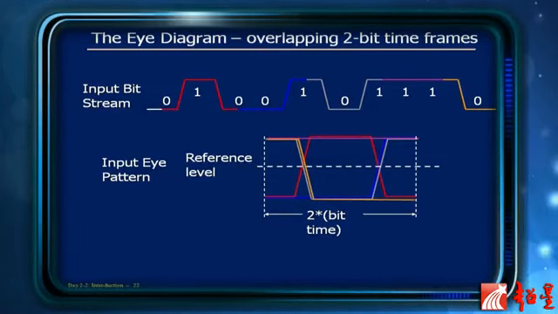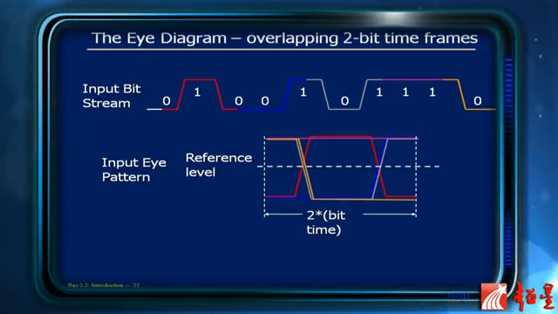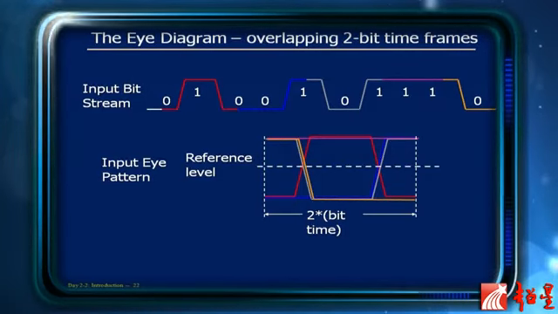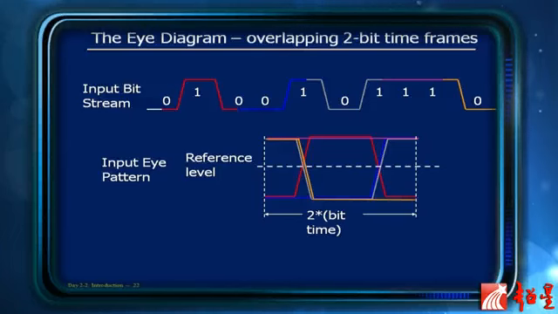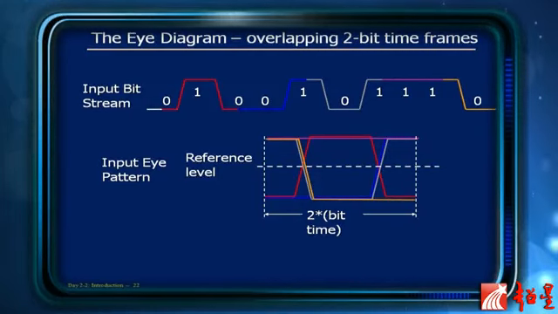It's 0 and 1. What we do is cut them into 2-bit pieces, then overlap them in space. Then we can form a so-called eye.